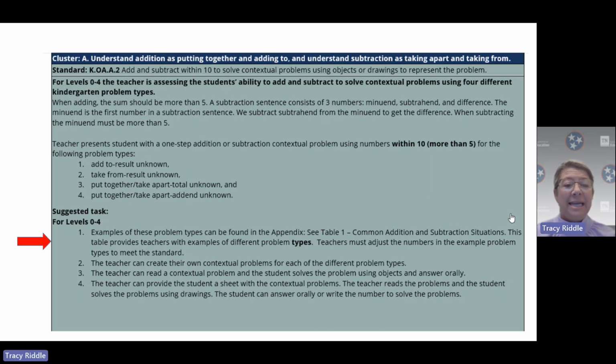In the suggested task, you will see ways you could assess this standard. For example, you could use the problem types that are found in the appendix table 1 in your rubric guidebook. This table provides you with examples of problem types. Do not use the numbers that are in the examples for the problem types.